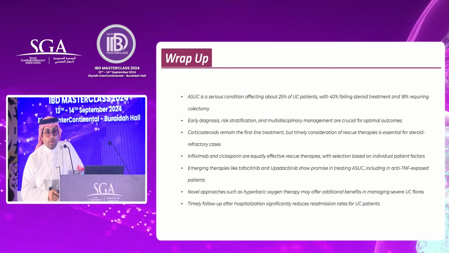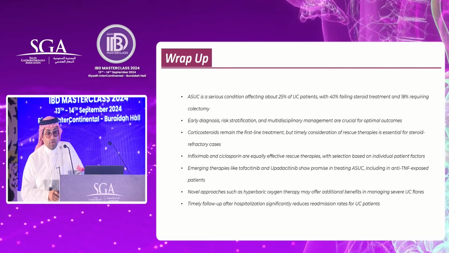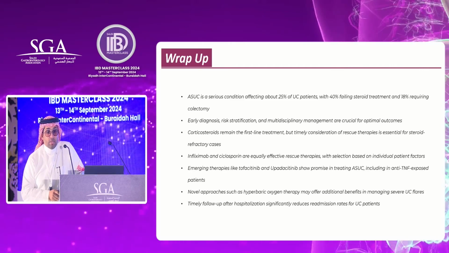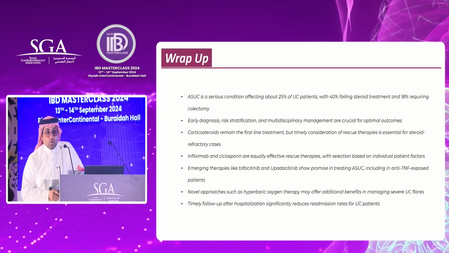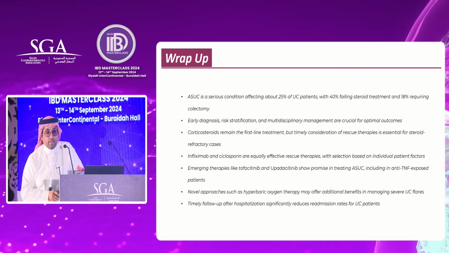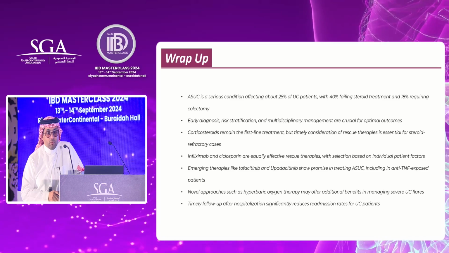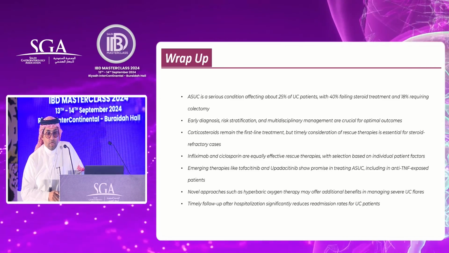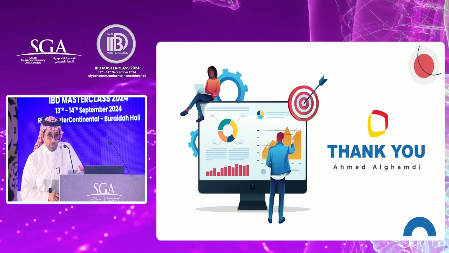Infliximab and cyclosporine are both equally effective as rescue therapy. For emerging therapy, JAK inhibitors like tofacitinib and upadacitinib may be considered in the treatment. Also, novel approaches like hyperbaric oxygen therapy may offer additional benefit in managing severe UC. Also, follow-up after discharge significantly reduces the readmission rate for UC patients. Thank you.